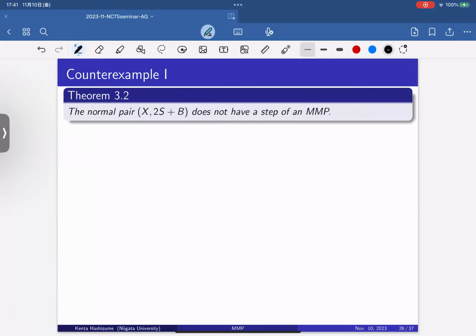The counterexample to the first statement is a pair. Here the quotient of S is 2, so greater than 1.